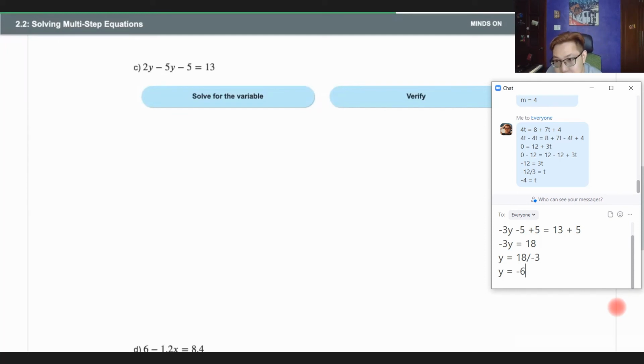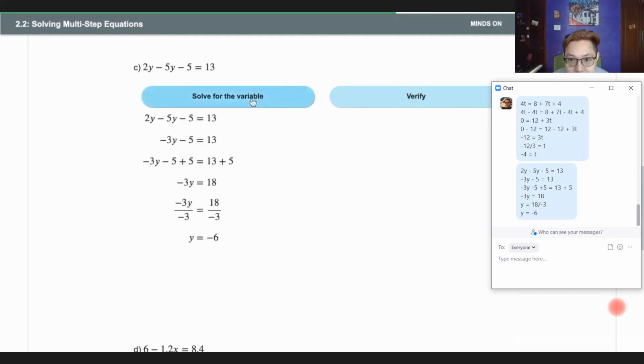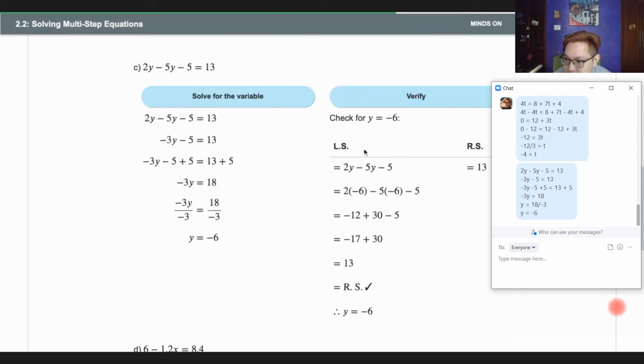Negative 3 is equal to negative 6. Y equal negative 6. Very good. Y equal to negative 6. And then verify, just put it back into there and then check.